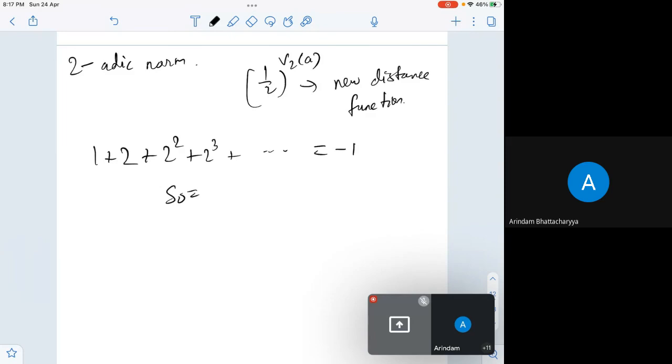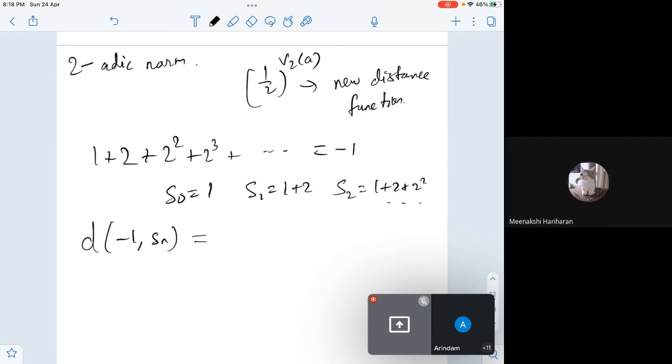S0 is 1, S1 is 1 plus 2, S2 is 1 plus 2 plus 2 squared. We want to find the distance between -1 and Sn, same as before. Does the problem make sense? Yeah. All right, give me a formula for the distance between -1 and Sn.